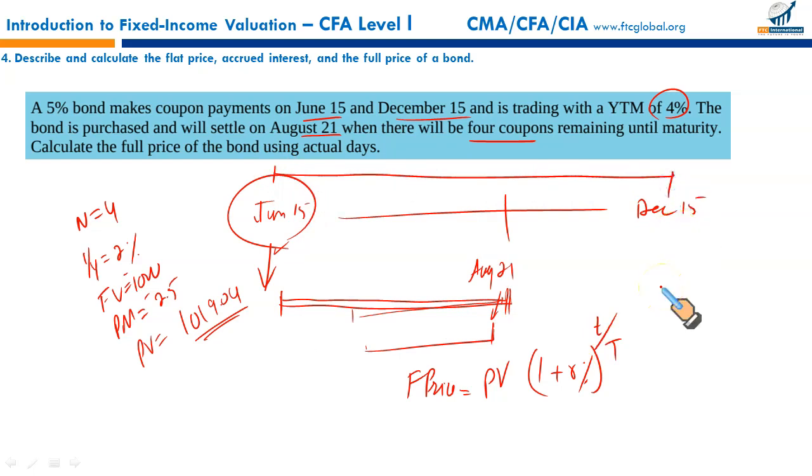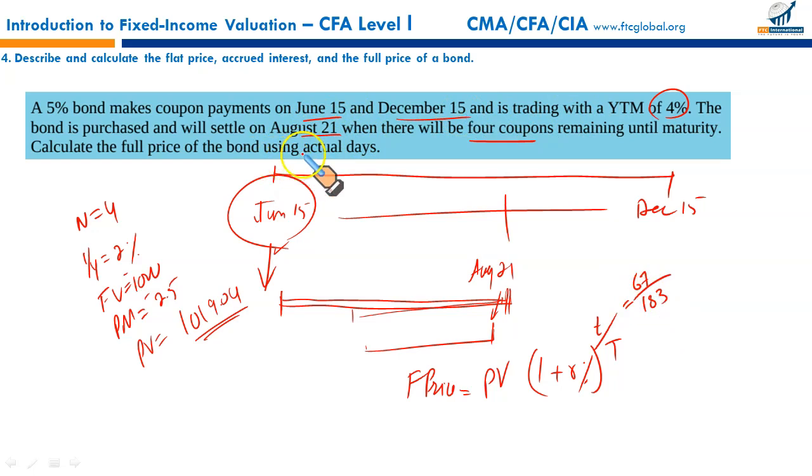So in our example, the number of days from 15th of June till August 21, the small t, if you calculate the number of days, is going to be 67 days. And the total days from June 15 to December 15, the actual days, would be 183.